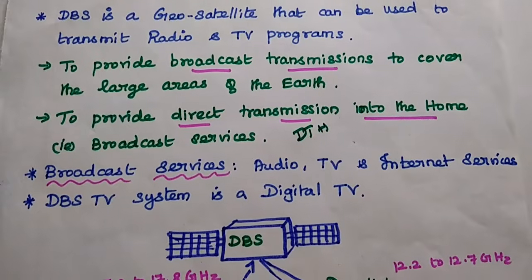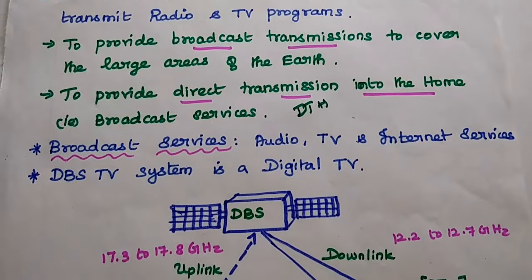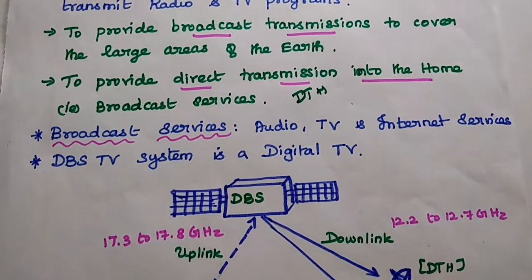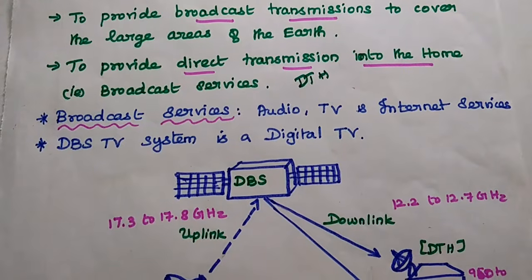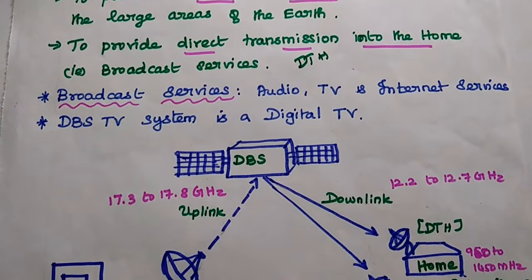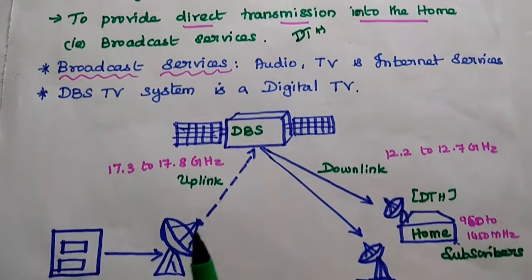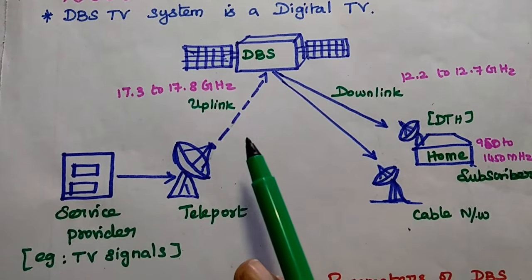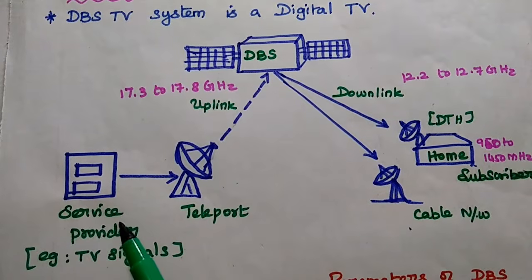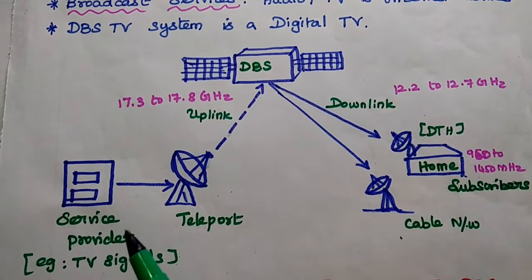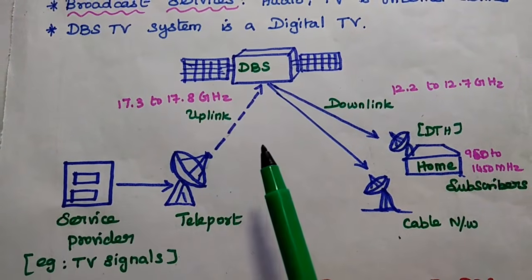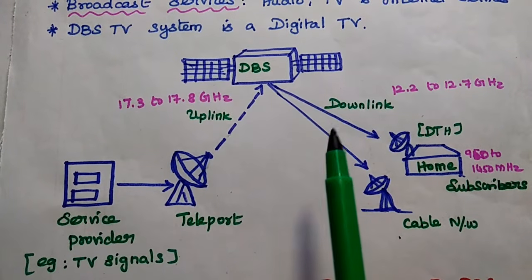Here the broadcast services are audio services, that is radio signals, TV and internet services. This DBS TV is nothing but the digital TV system. This is the overall picture of the DBS system. In this, the network service provider is going to broadcast the signal using the DBS system.